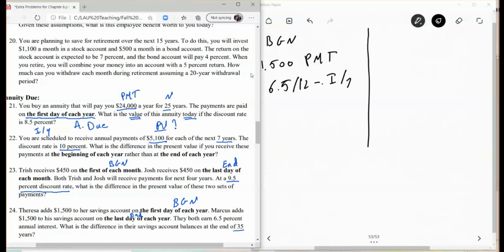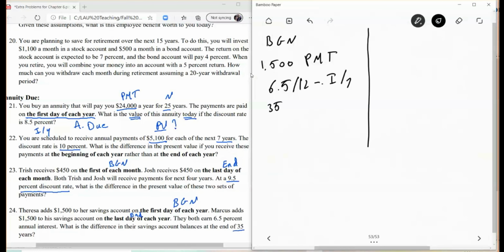I have 35 years. 35 times 12, 420. This is N. Then I compute FV. The future value in this case is 198,145.